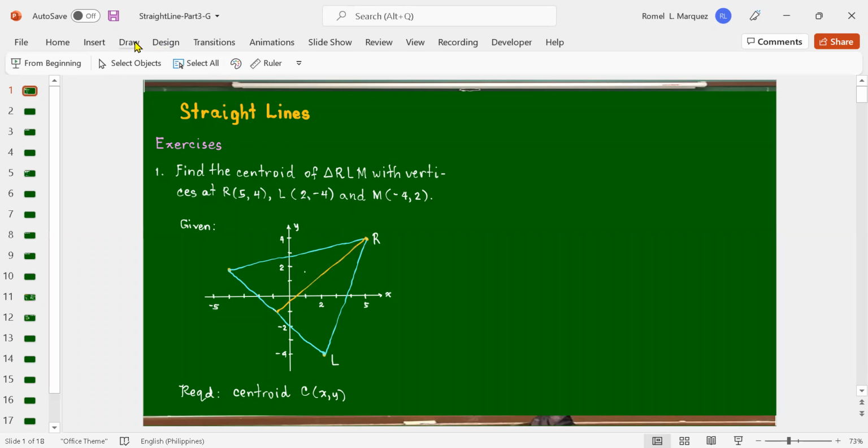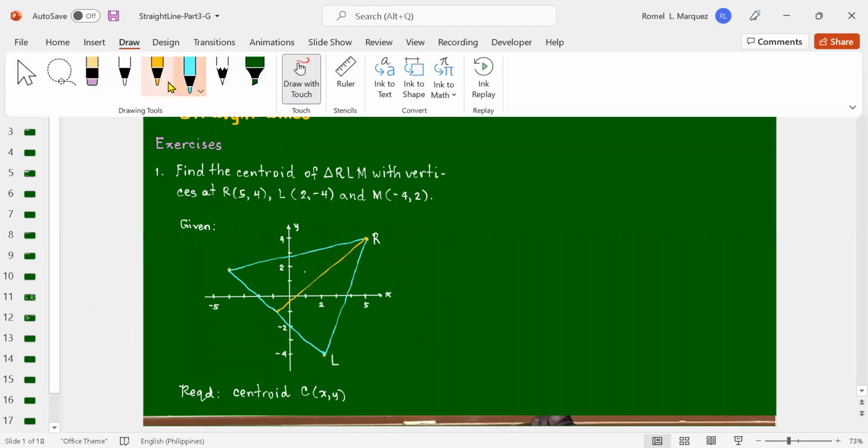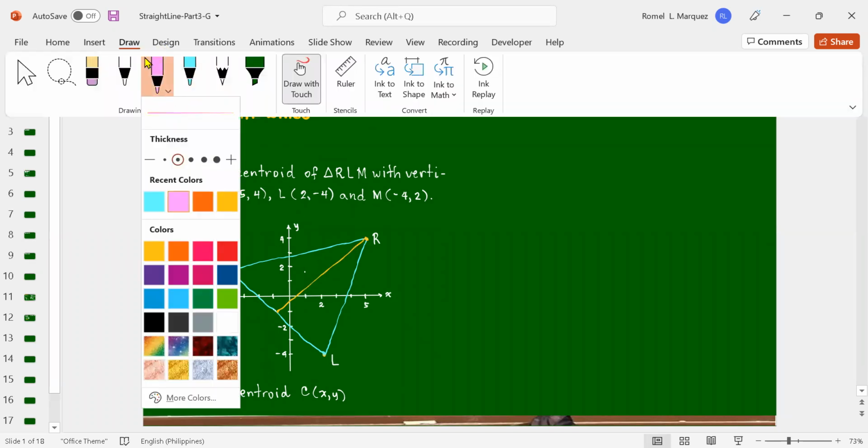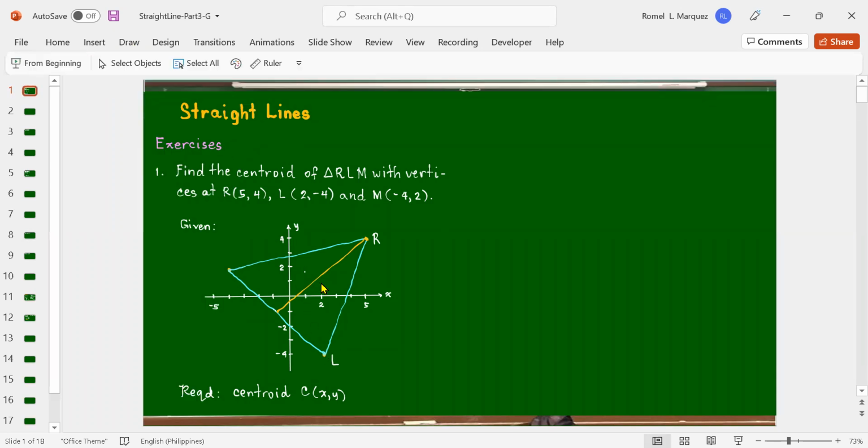And also from this median, that's it, from L to this midpoint, no?